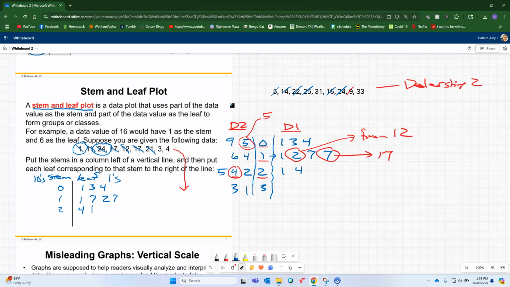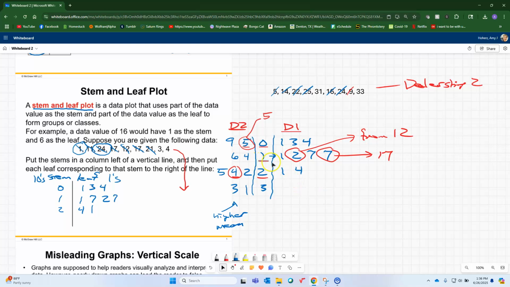So if you had to guess, you would probably say that dealership 2 has a higher average, a higher mean, because it has data values up in the bigger values compared to dealership 1. And so it just gives you a way to compare side by side two different sets of data.